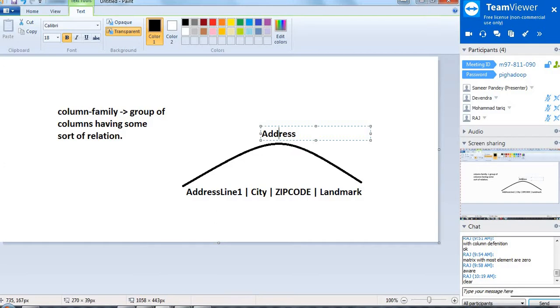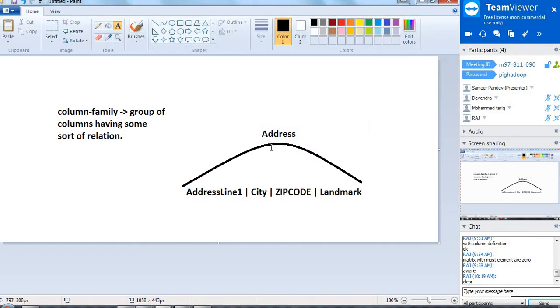I have noticed many times that when somebody asks you a question, and instead of giving definitions you give a scenario and explain, the people sitting in front of you will be highly impressed. So this is the address, and it consists of line 1, city, zip code, and landmark. Instead of having these multiple columns, we talk about a column family here. So in a single column family, you can have multiple records.